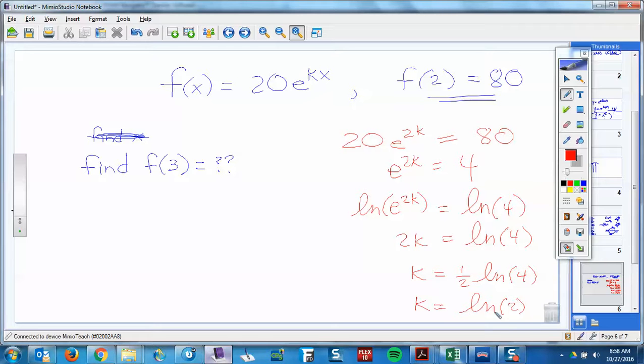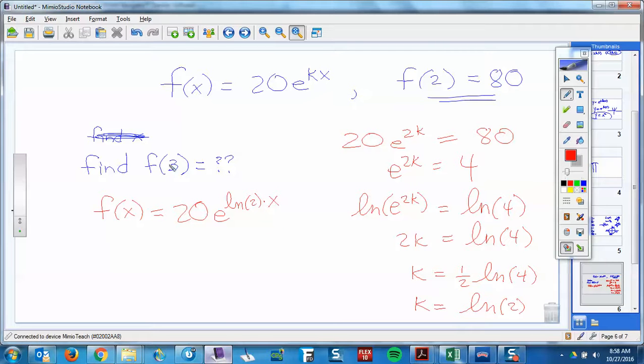So we got 2. So k is ln 2. All right, so now what that means is my original function is 20e to the ln 2 times x, right? Now what?